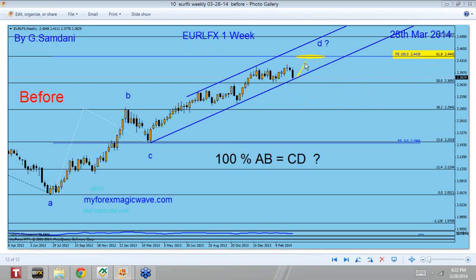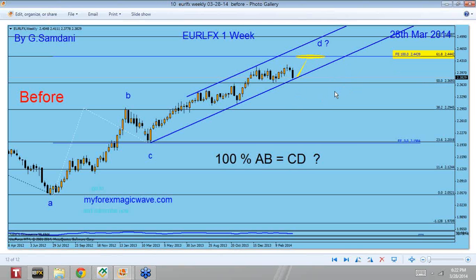Keep this chart, and if we don't break this trend line, then we're probably going to go to this area, and this is a long distance, 38 to 44, so that's 600. 600 means almost 1,000 or more pips in pairs. I don't know, but this is what the technicals are telling me.